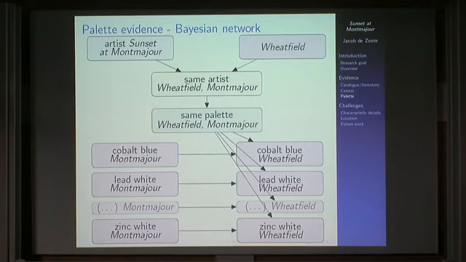But the model says, independently of who painted whichever paintings, there's some chance of finding cobalt blue in Montmajour. Definitely. And then the model is saying, given there's cobalt blue in Montmajour, and the same palette was used in those two paintings, there is some chance. So you have this independent probability of cobalt blue that you need to evaluate here, but it only plays a part before you insert the evidence, because the evidence that I insert just says there's cobalt blue in both of them, and then the actual probabilities that are in there are not that relevant.